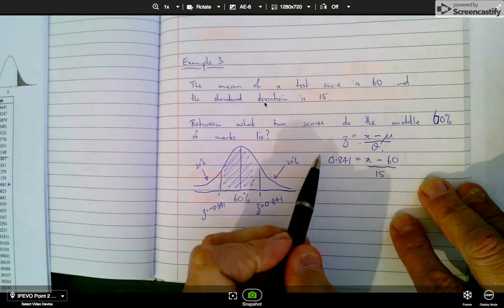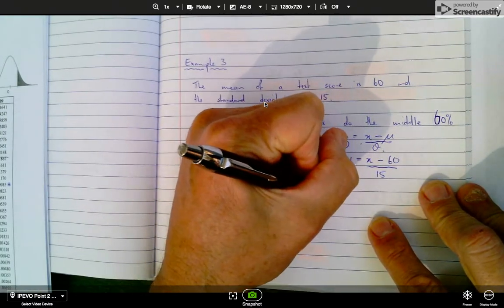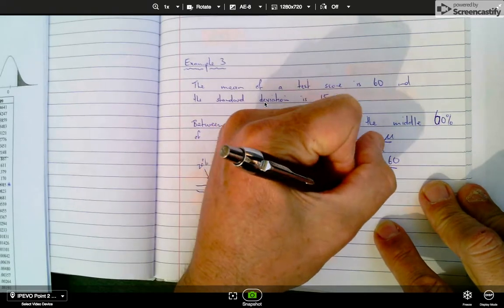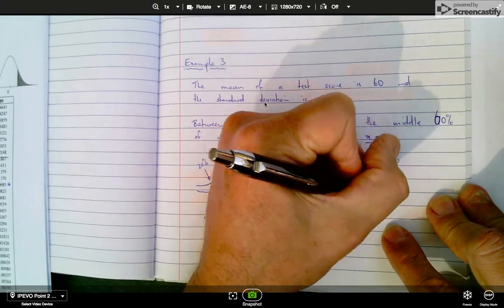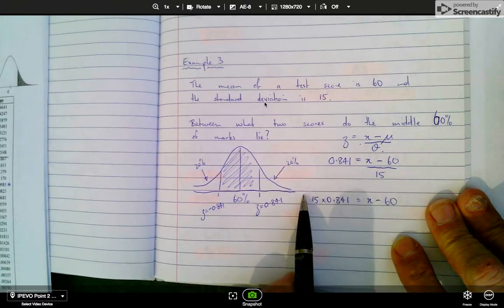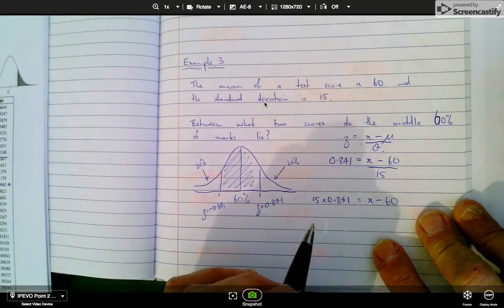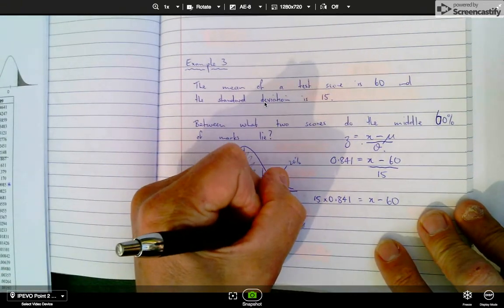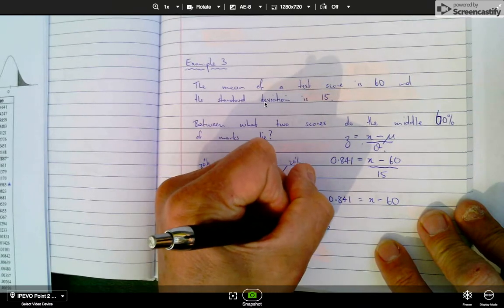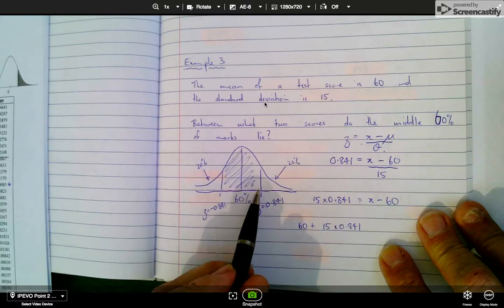We take this 15 over. 15 times 0.841 equals X minus 60. And then we can take this 60 over to find out our top score. So it would be 60 plus 15 times 0.841. That would give us our top score.